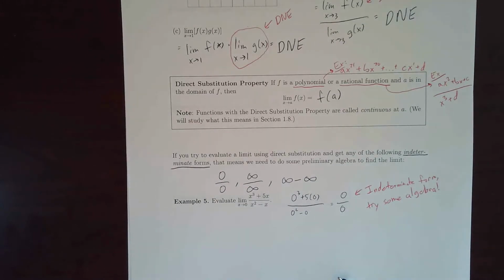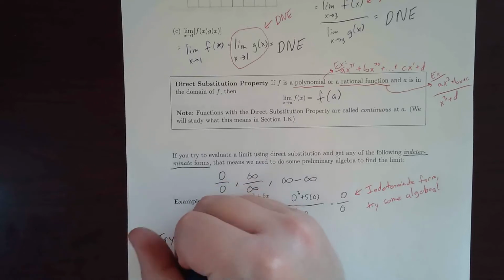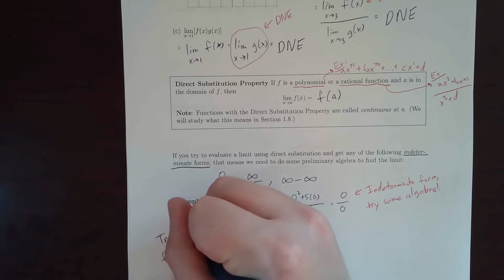So one thing we can do, if we want to get rid of any issues we'll have, is we can go ahead and try to factor.